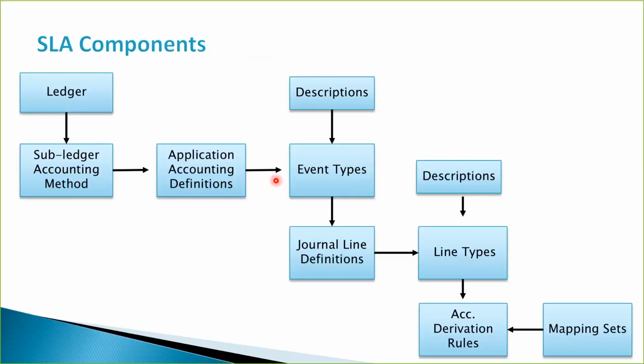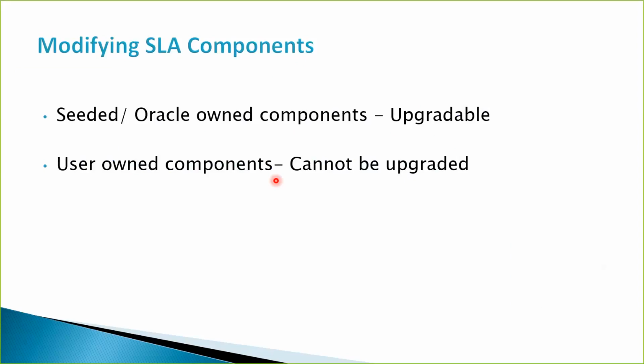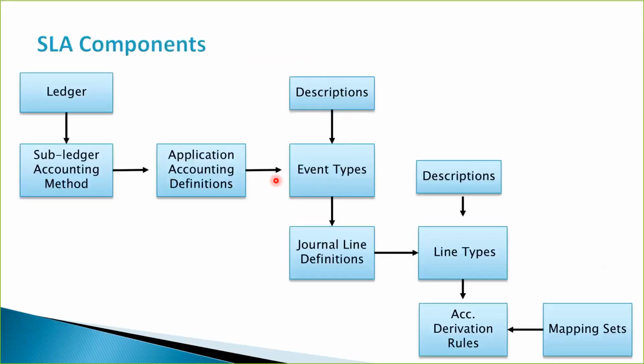All right. So I'd say that is the end of the theory part of SLA. From now, we should be ready to go into the system and look at each of these components and make changes and see how they affect the working of the system.